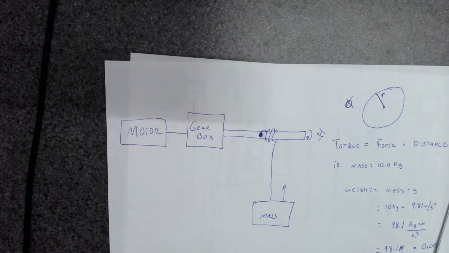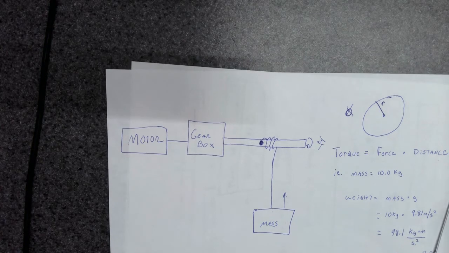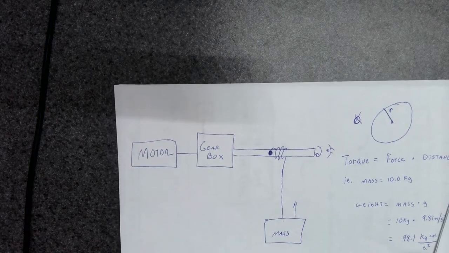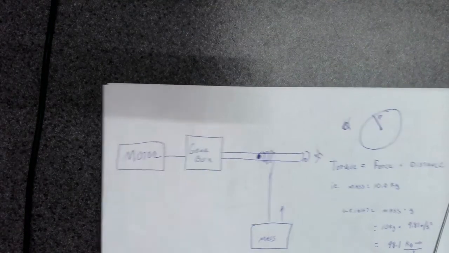So the next assignment that you're being tasked with is to create in Onshape a system that can pick up as heavy a mass as you can with one motor. I took a stab at this, so I'll show you what I did, and then I'm curious to see what you could come up with.